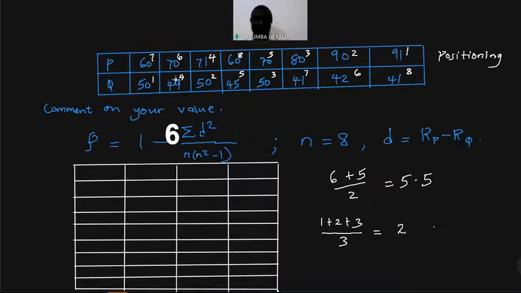So all these 50s are going to have rank 2. 41 is having position 7 and 8, so we have 7 plus 8 divided by 2, which gives us 7.5. And the rest of the values are going to be retaining their positions as ranks.